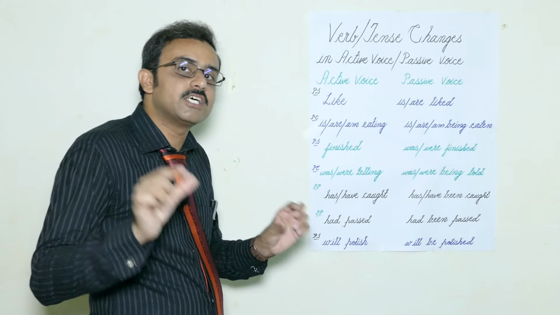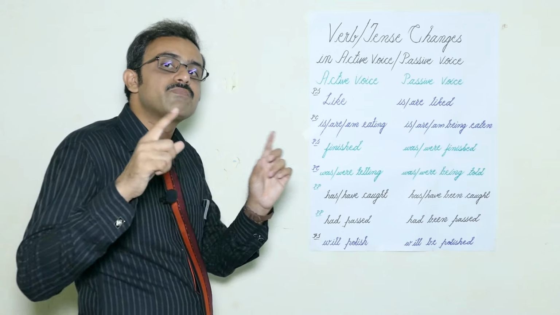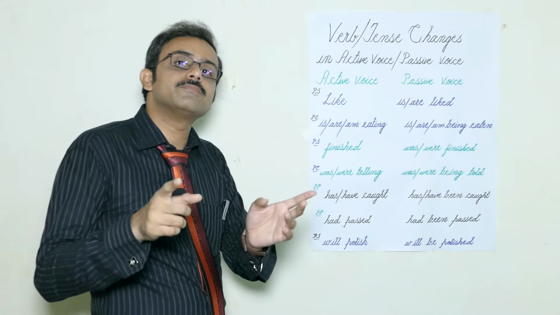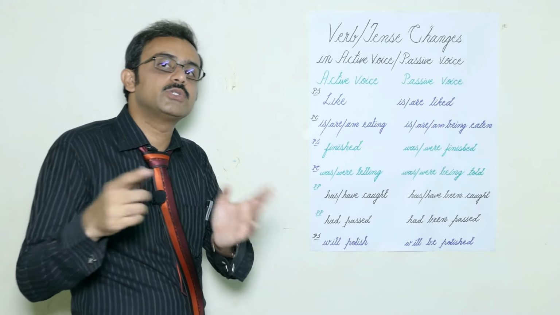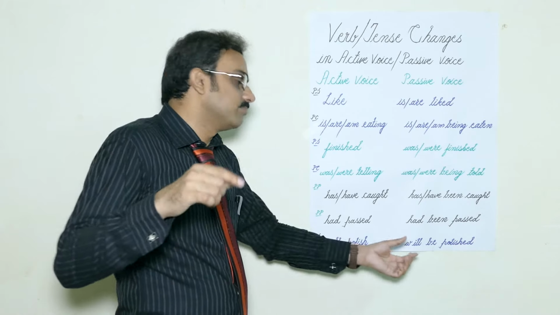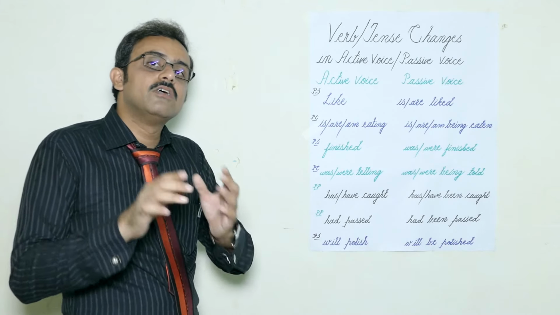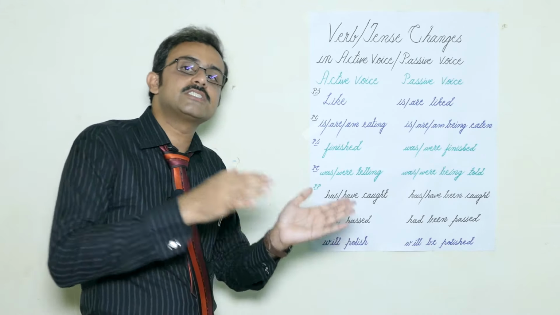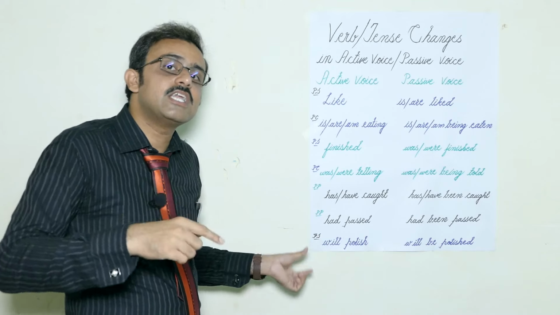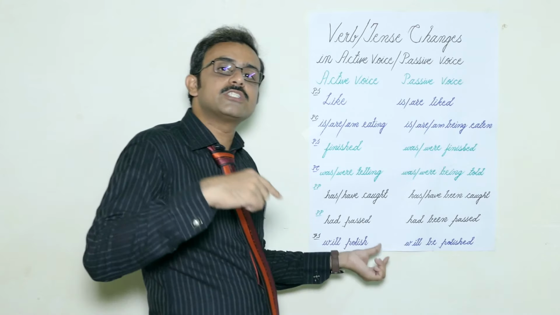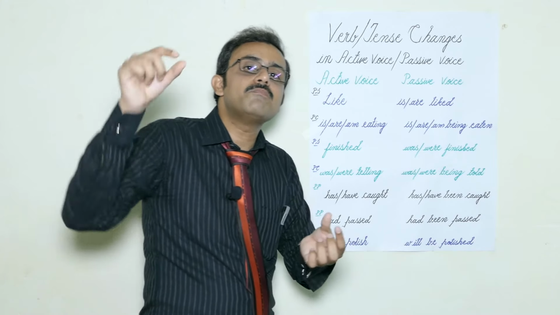She will polish her shoes. She is subject, will is auxiliary, polish is first form of verb, her is pronoun, and her shoes is object. Then we change this sentence of active into passive. We take object at first, her shoes, then auxiliary will be, then main verb first form into third form, will be polished.